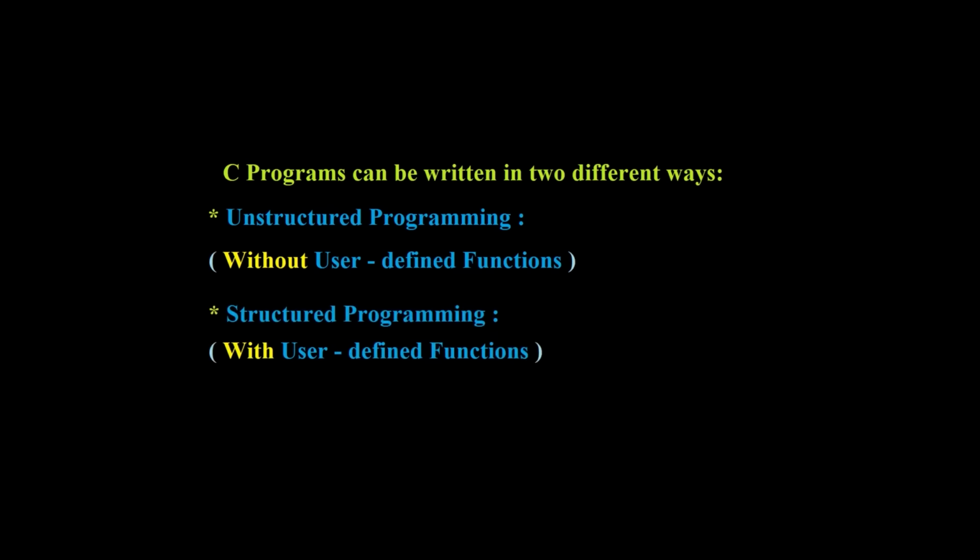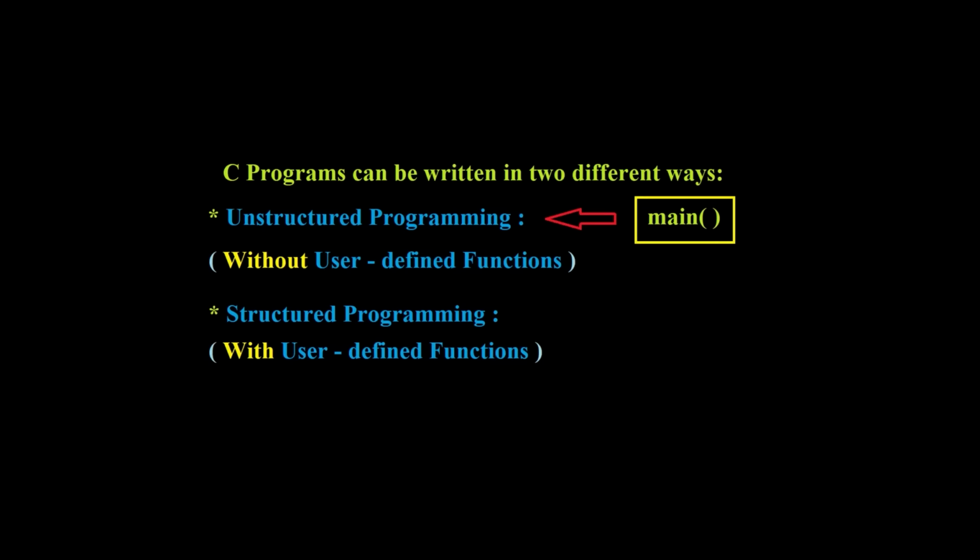All the programs that we have learned till now, we have been using the unstructured mode of programming, where the entire program is written within a single function, which is also known as the main function. From now on, we will be using structured programming and we will be writing our own functions. So these functions will be the user-defined functions and these come under the structured programming category.